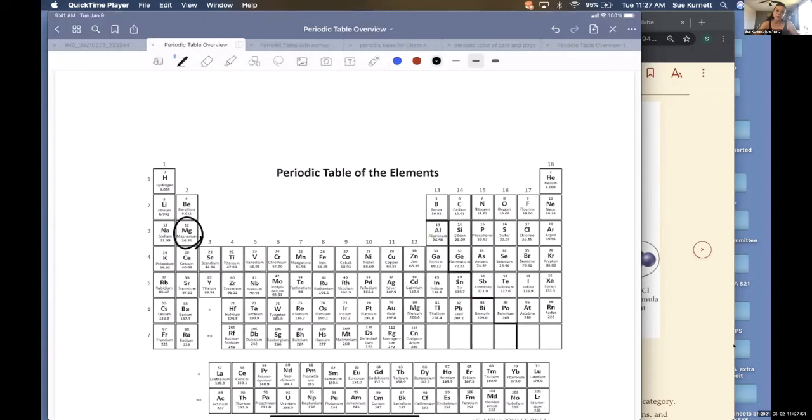Here's magnesium. Magnesium is in group 2 and it's a metal. Metals lose electrons. Magnesium, element number 12, has 12 protons, some neutrons, and 12 electrons, +12 charge in the nucleus and a -12 charge outside of it. This is an atom. When magnesium becomes stable by losing electrons, how many electrons does it lose?